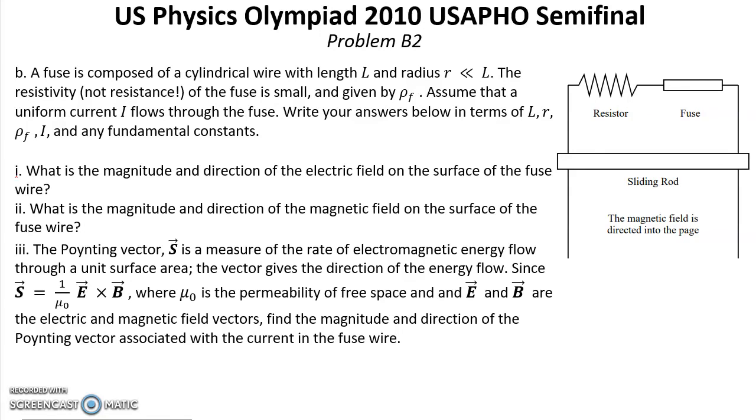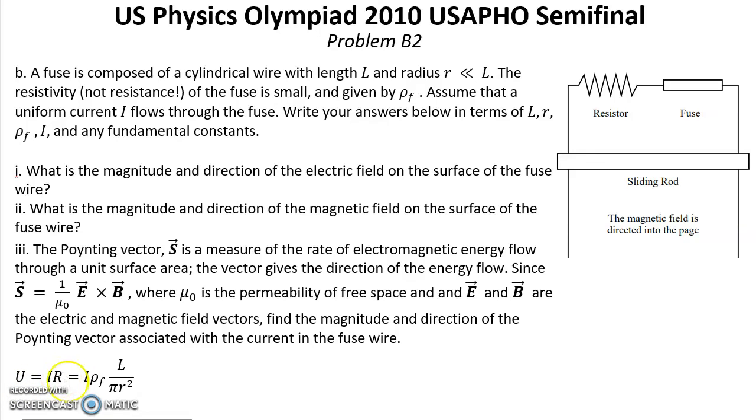Solution. Suppose that our fuse is going inside of this page and the current is going inside of this page. It means that the electric field must go inside of this page. And we can write the equation for Ohm's law for this fuse. The potential difference between the ends of this fuse, U, equals current multiplied by the resistance of this fuse.